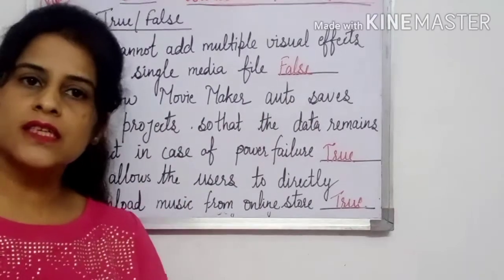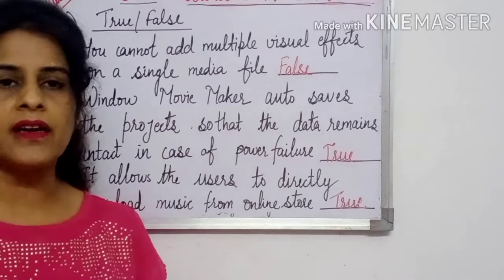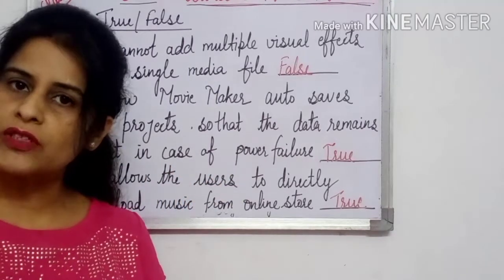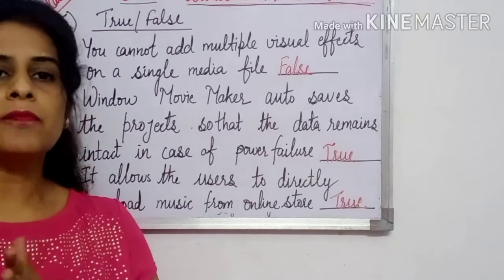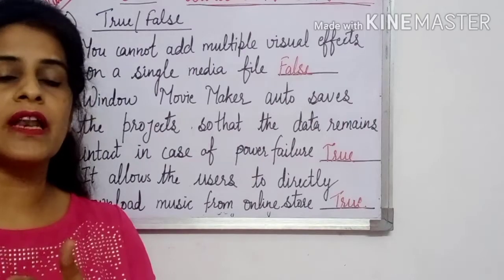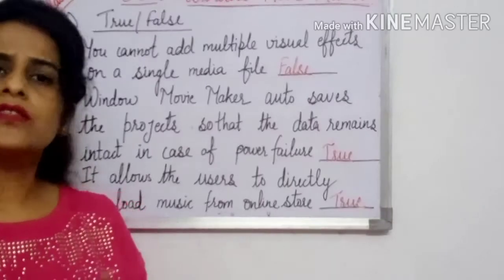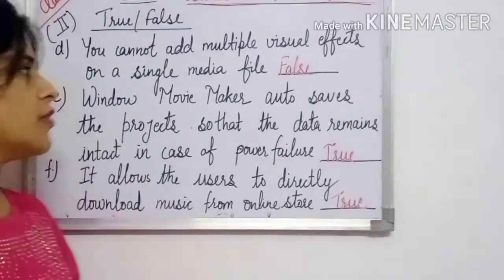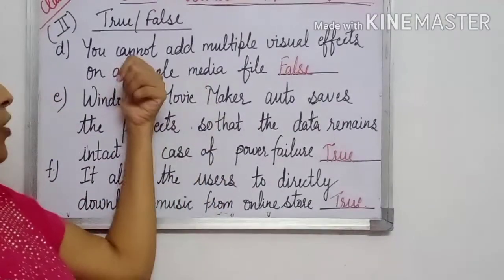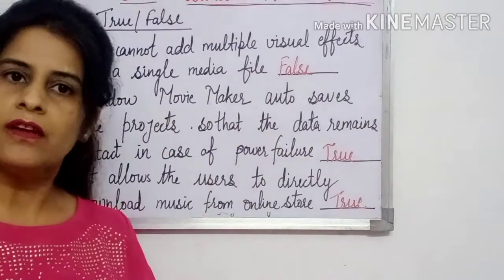Suppose there are 6 pictures in your video. Between the 1st and 2nd pictures you can add a different visual effect, between the 2nd and 3rd you can add the next visual effect, and between the 3rd and 4th any other visual effect. So we can add multiple visual effects, and it is saying we cannot, so it will be false.